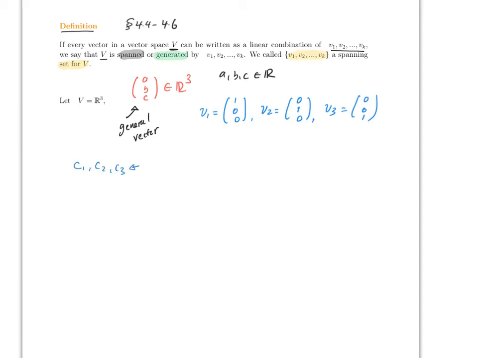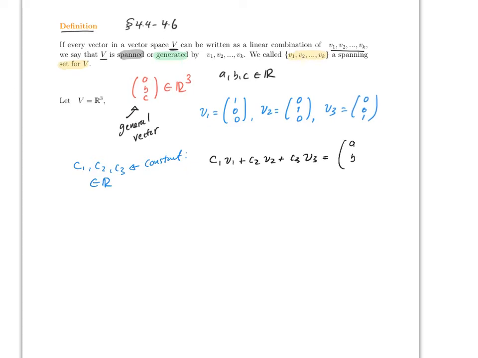These are constants which belong to R. So the question is: is C1 B1 plus C2 B2 plus C3 B3 enough to produce any vector in 3 dimensions?